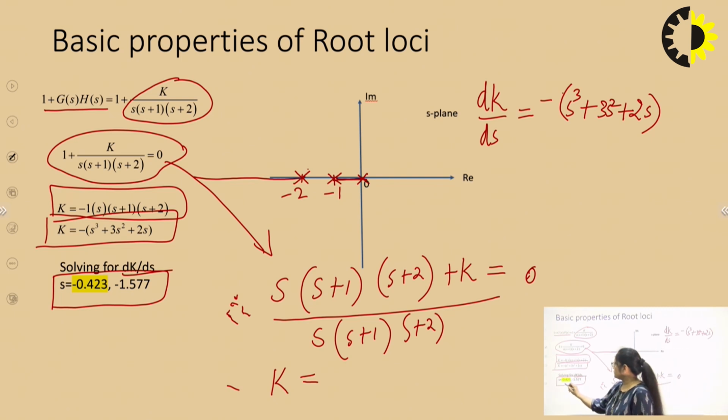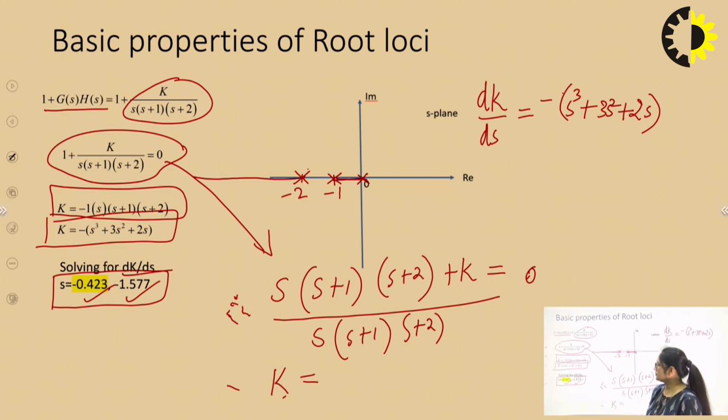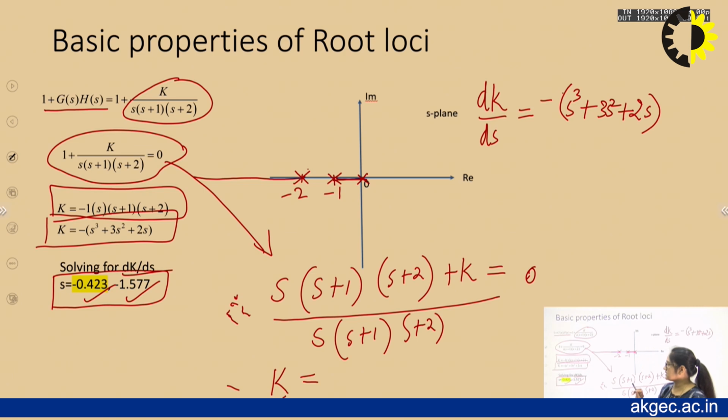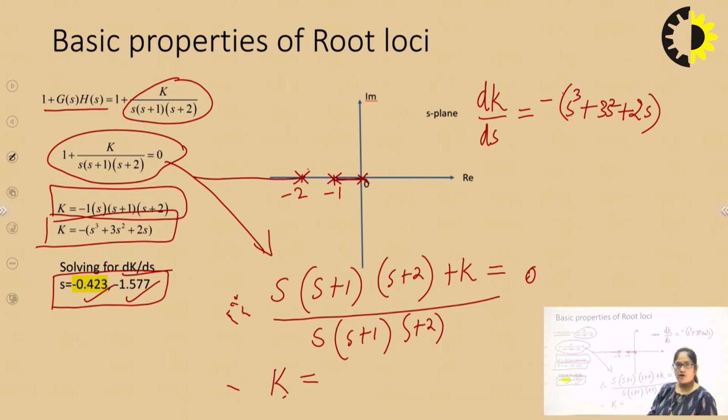Now, since we have two solutions here, minus 0.423 and minus 1.577, the breakaway point is minus 0.423, for the simple reason that the point minus 0.423 lies on the root locus, whereas minus 1.57 is somewhere here, which is not part of root locus, so it cannot be a breakaway point.